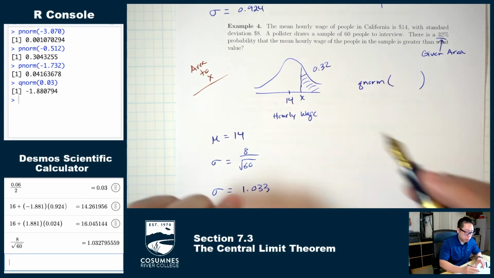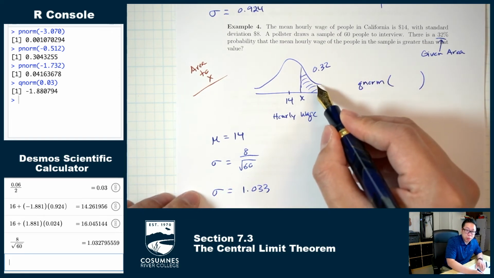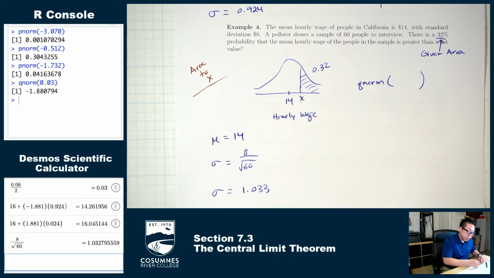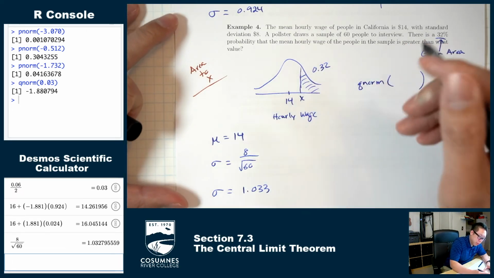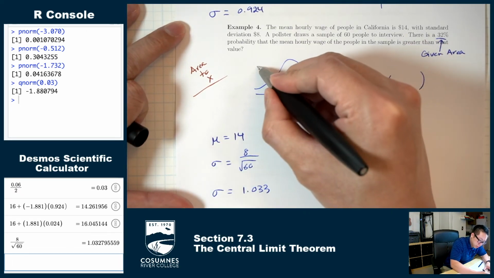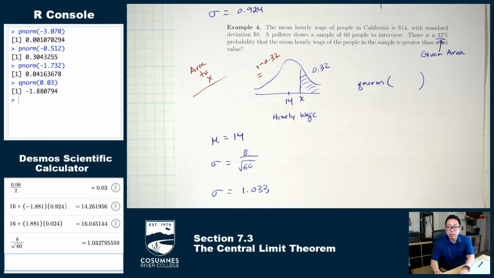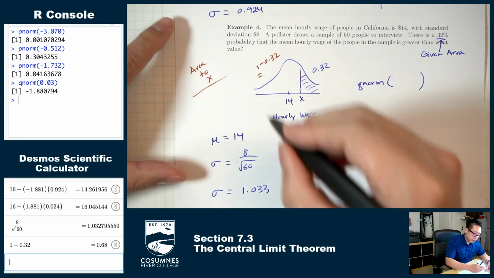No, right? 0.32 is the shaded part, which is area to the right. I want this unshaded part. So if you want the unshaded part, if you want the other side, do 1 minus. So 1 minus 0.32 is 0.68.